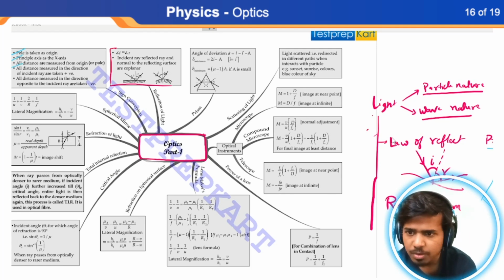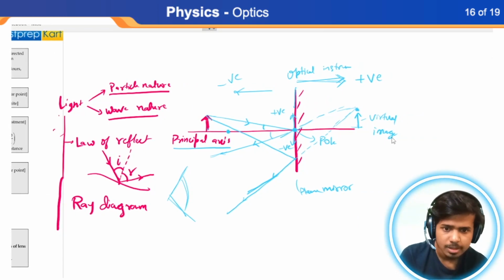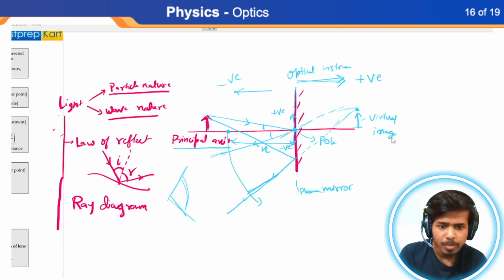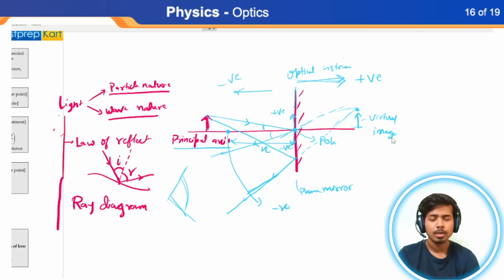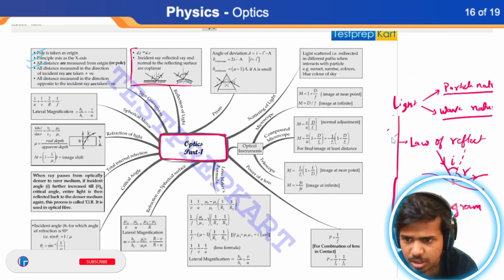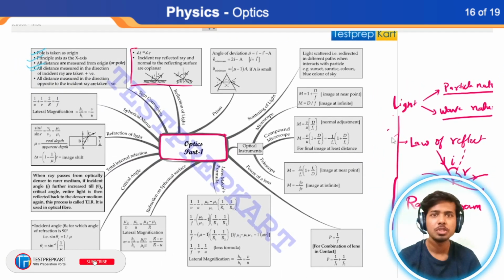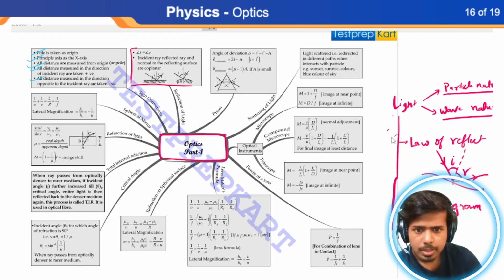All distances are measured from the origin. It means if you have this object here, then you'll find this distance x, and you'll say that the position of this object is minus x, because we always define it from the pole. Whether it is positive or negative will depend on the relative position of the object. And all distances are measured in this way; we have already discussed the sign convention.